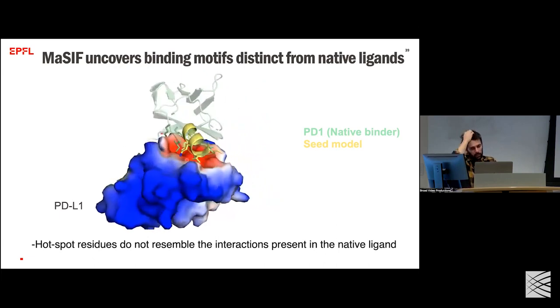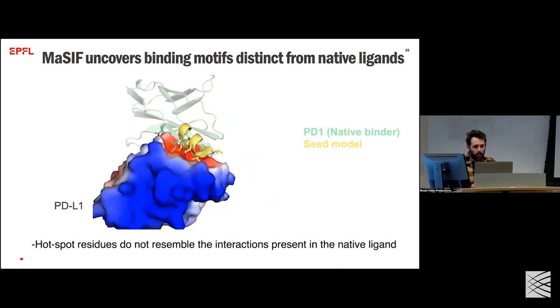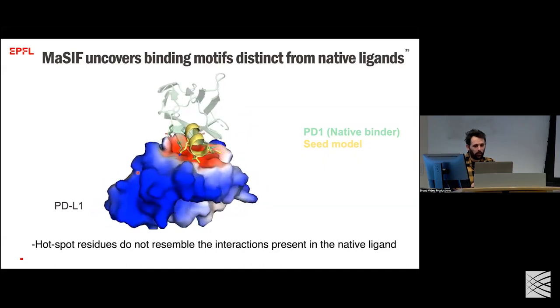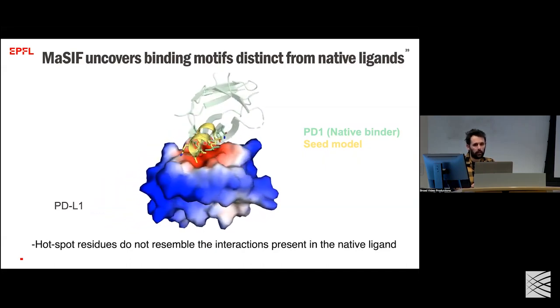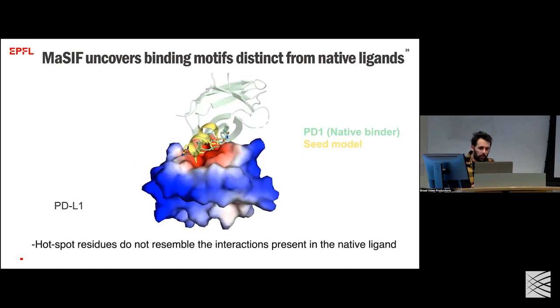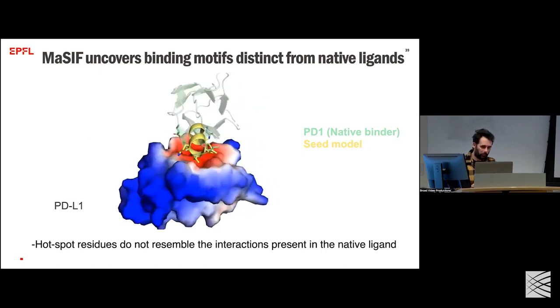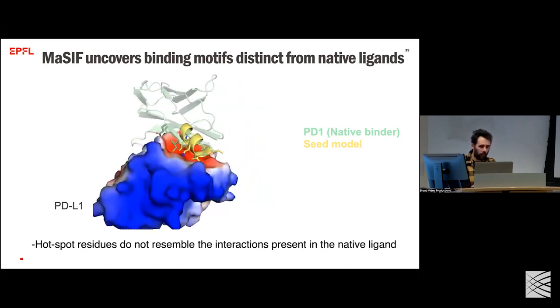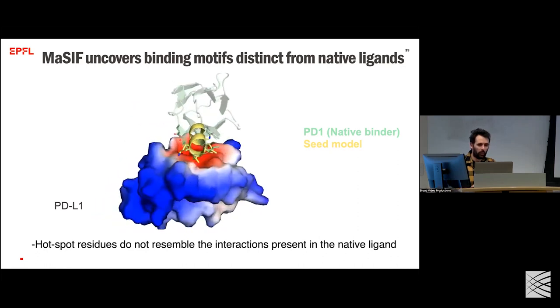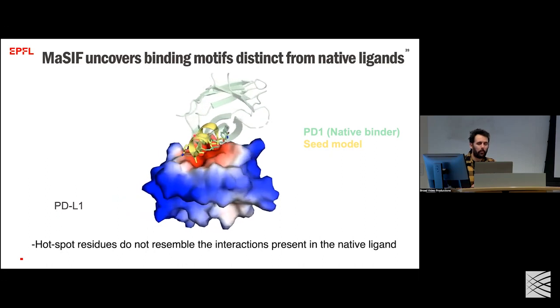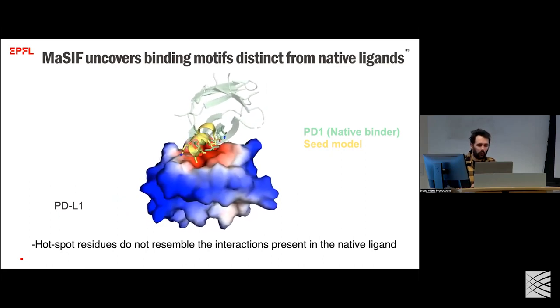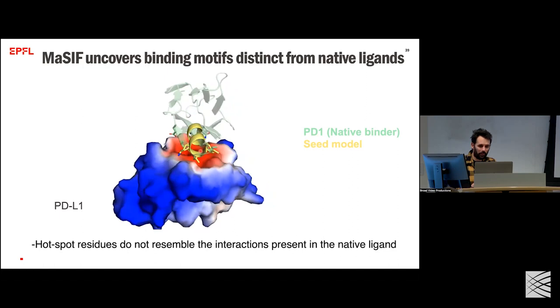And this here is a representation of the native binder. So in this case, you have PDL1, our target, and you have PD1, the native binder. And what you see is that the native binder, in fact, uses a strand hairpin or a strand turn, a beta turn. That's the right answer to establish this interaction.